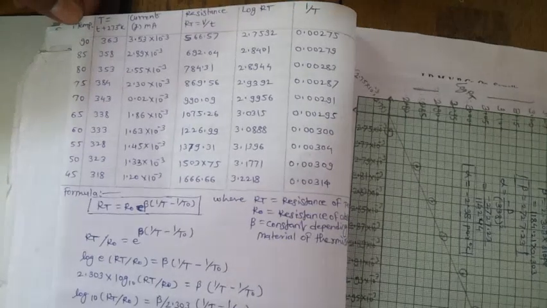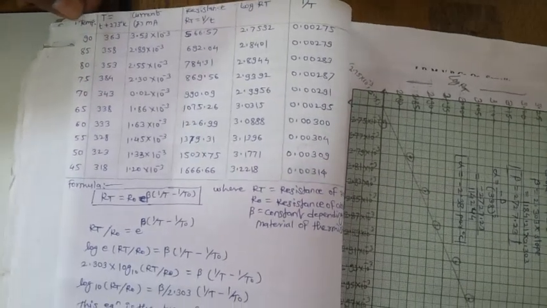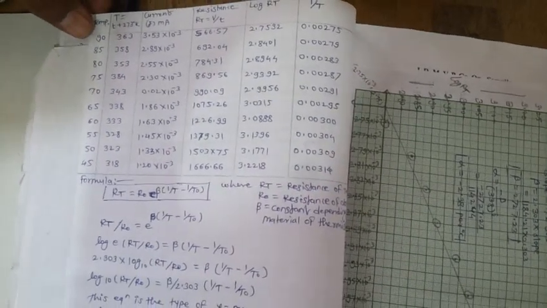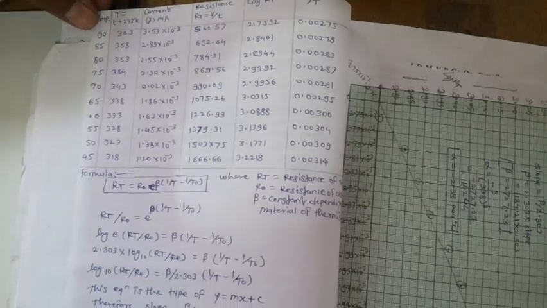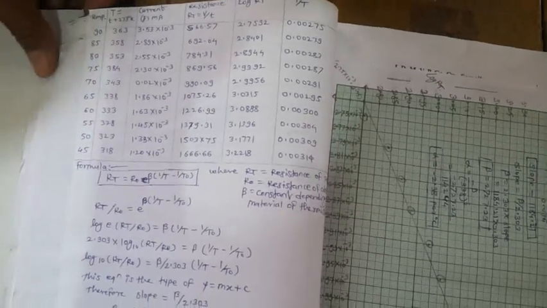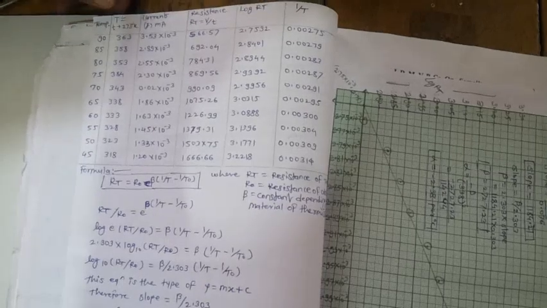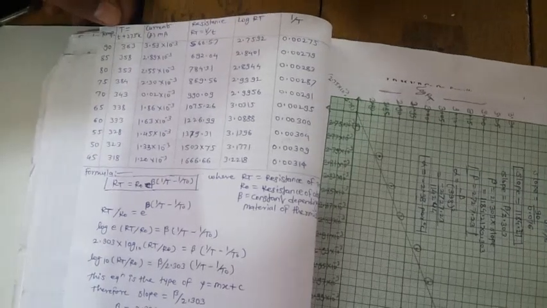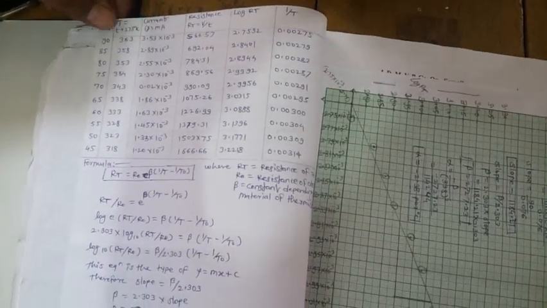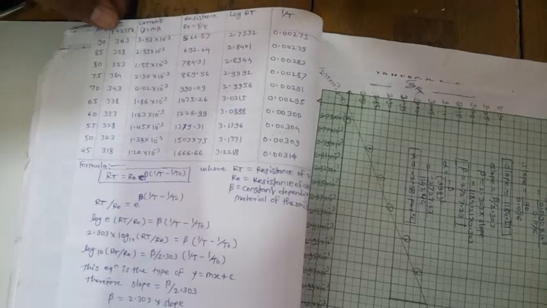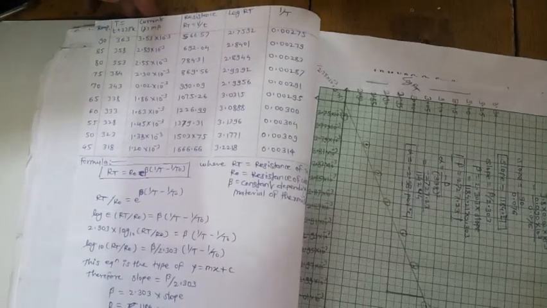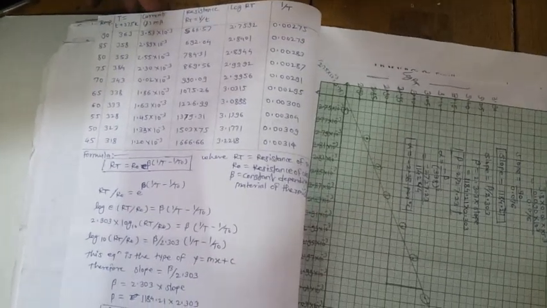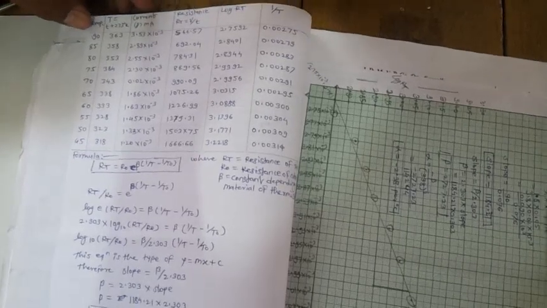The maximum temperature of this thermistor is 90 degrees Celsius, given in column 1. The second column is T, capital T equal to small t plus 273 Kelvin, so we convert it into Kelvin. Then we measure the corresponding current for the corresponding temperatures.